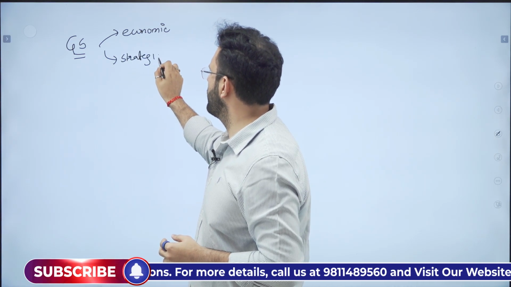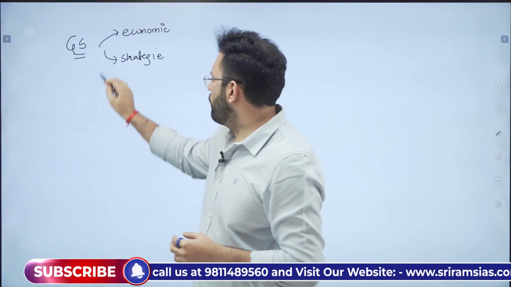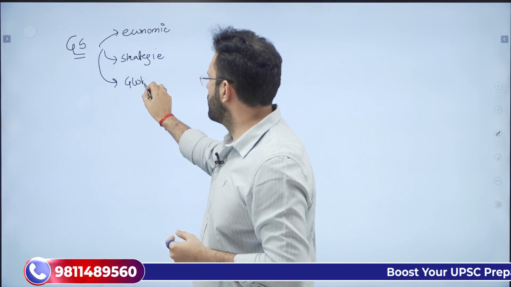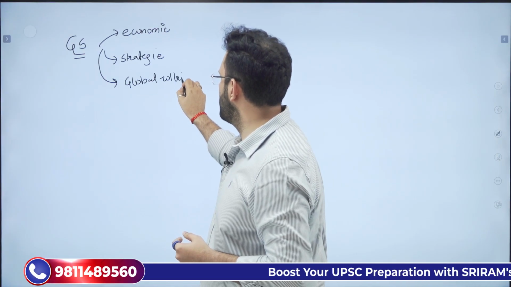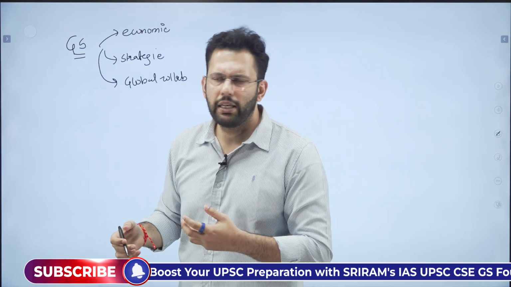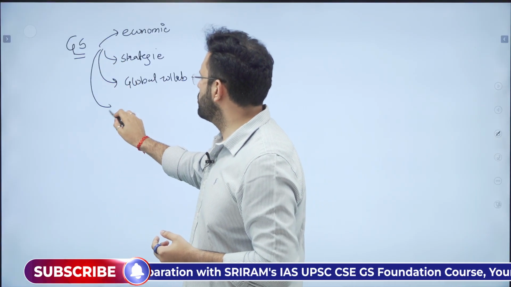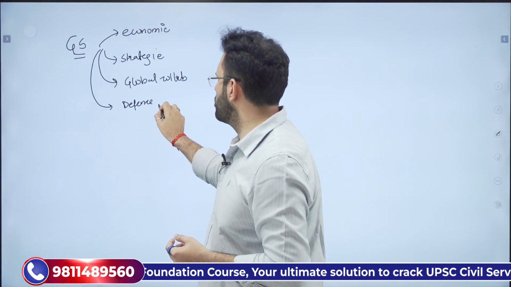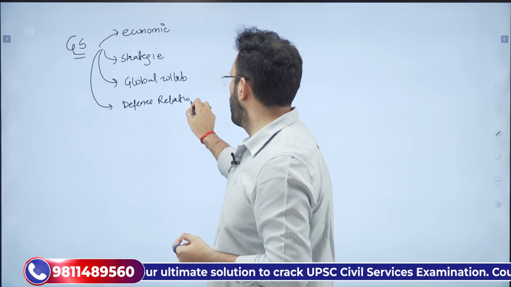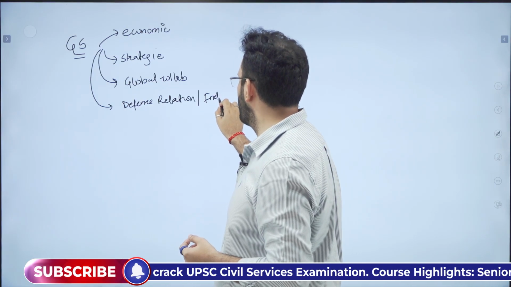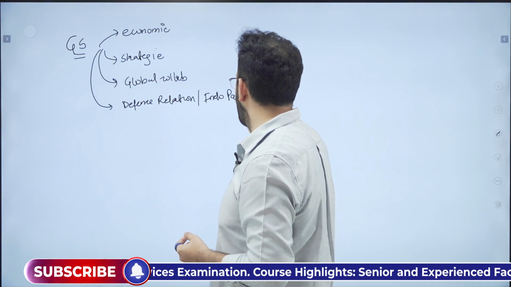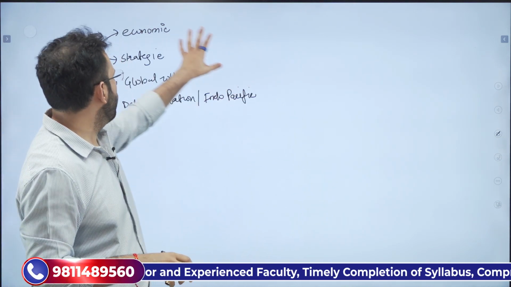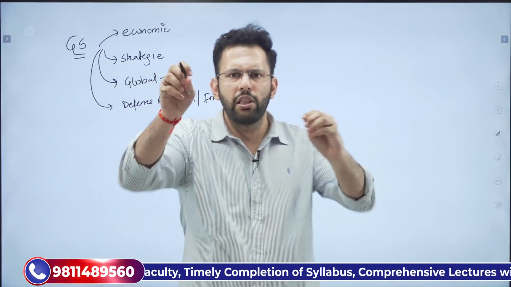What is the global collaboration between India and Japan? And then the defense relationship, particularly with regard to collaboration in the Indo-Pacific. If I am preparing this answer for GS, I'll look at only these four aspects and fill them with a lot of data points.